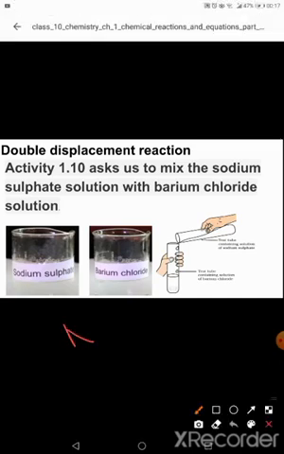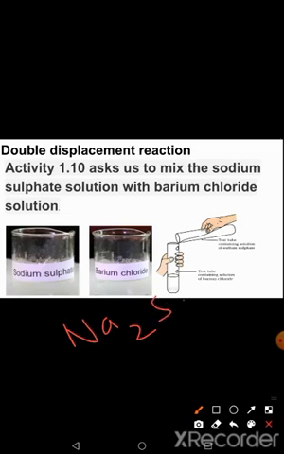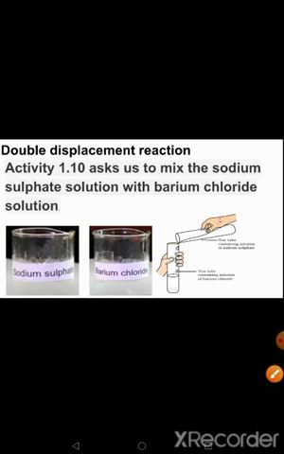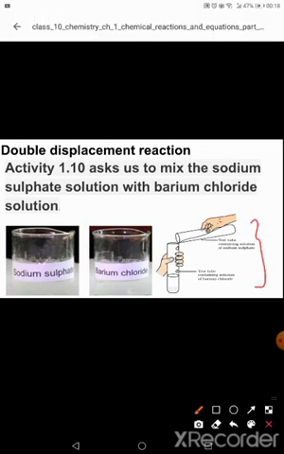Sodium sulfate is Na2SO4 and barium chloride is BaCl2, remember. Okay, so I've given the images of those two solutions, sodium sulfate and barium chloride. So you have to mix them with each other by taking small amounts in test tubes as given in the figure here.